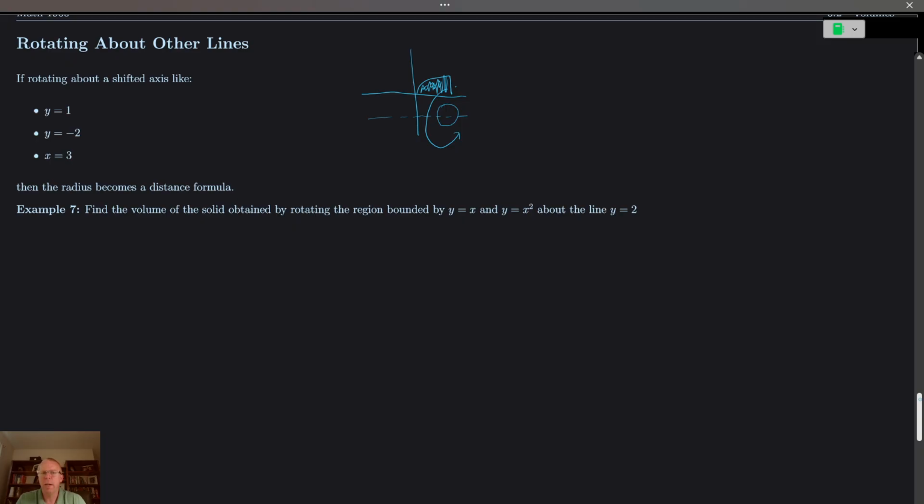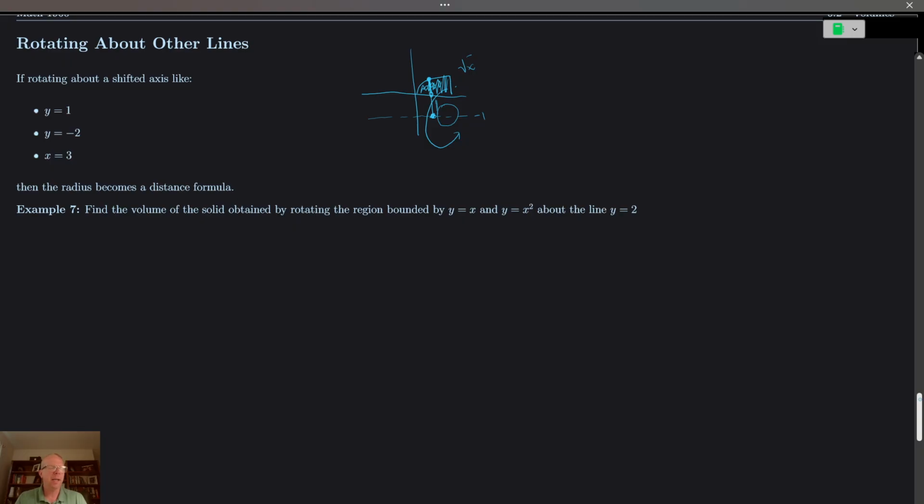And so now our cross section, instead of being like this from the curve to the x-axis, we got this extra space in here. So if this is square root of x, it's not just square root of x. And let's say this is -1. What is that distance from all the way from here all the way down to there? Well, it's square root of x plus 1, which is the distance here. So you got to take into account that.